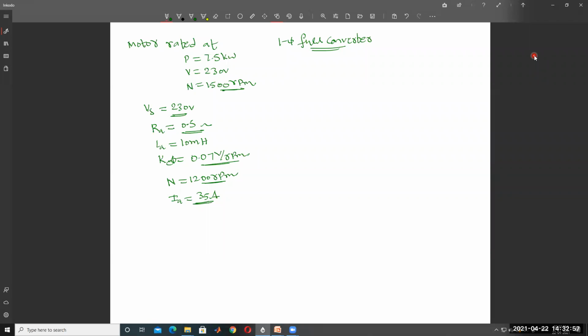So first, what is the firing angle? How to find the firing angle for a single phase full converter? By knowing the relation VA is equal to 2Vm by pi into cos alpha. From that we will get alpha.